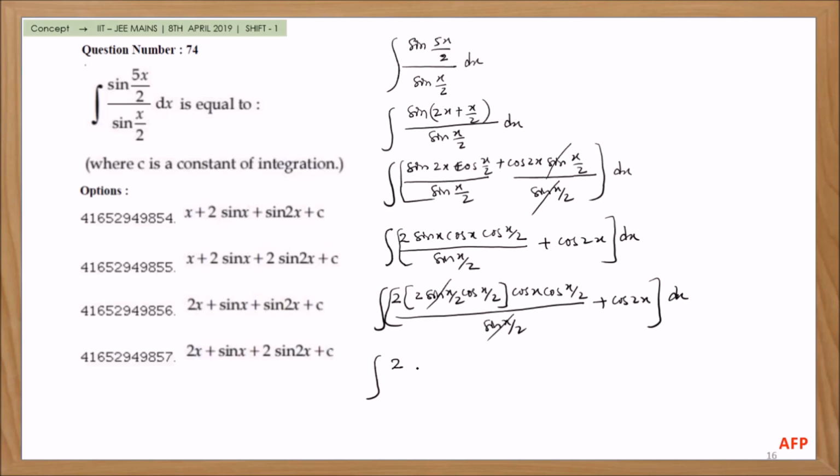So cos x I will write first. Next, 2 times cos square(x/2) plus cos 2x dx. Here we have the formula: 2 times cos square(x/2) can be written as 1 plus cos x. So we get 1 plus cos x plus cos 2x.